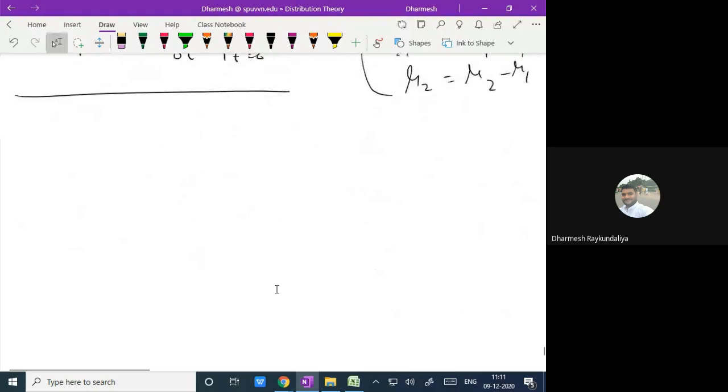So we have studied also the cumulant generating function.